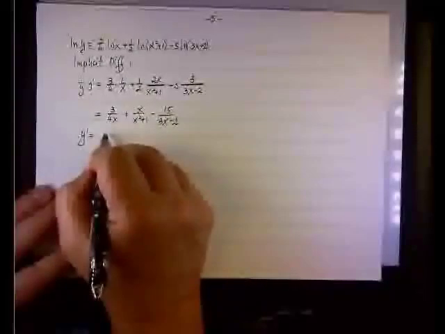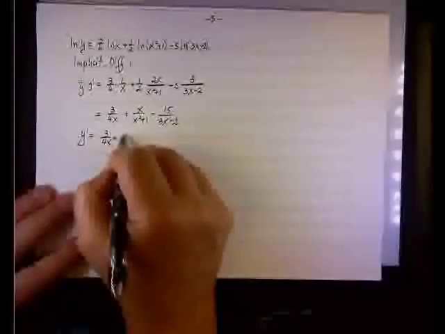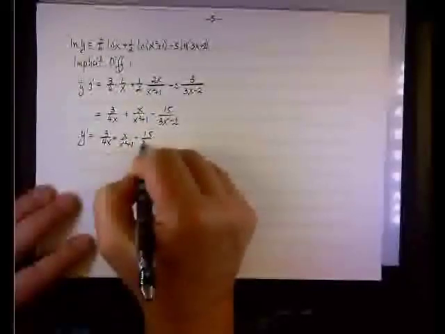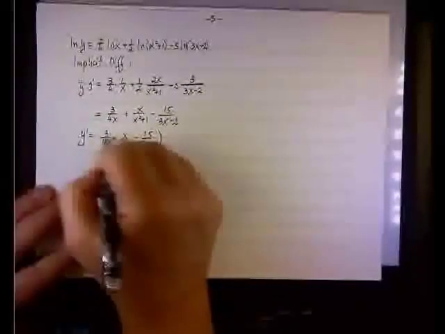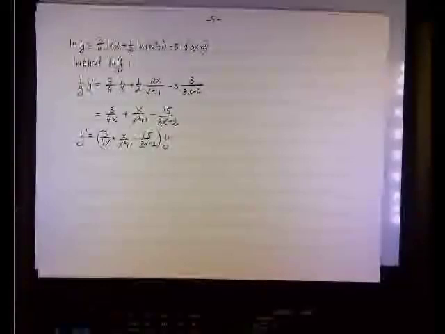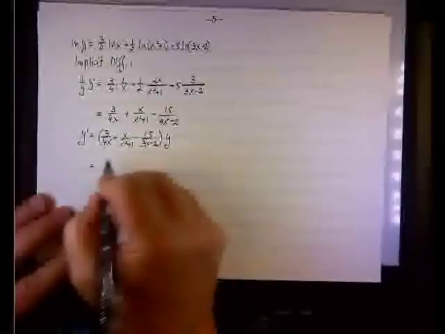So it will be 3 over 4x plus x over x squared plus 1 minus 15 over 3x plus 2, everything multiplied by y. Remember what was y? It was that function we started with.